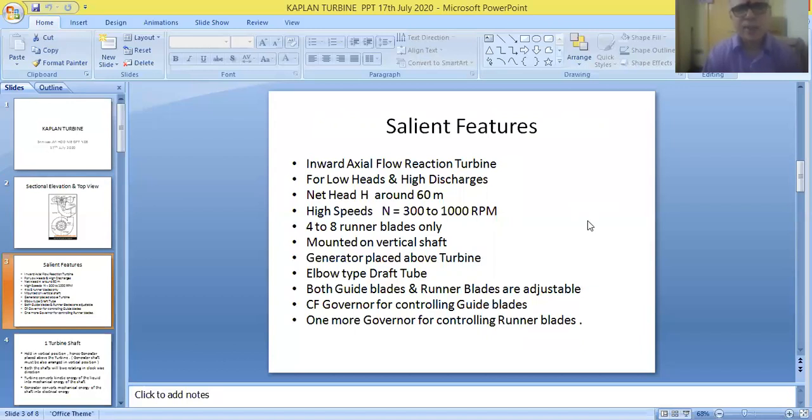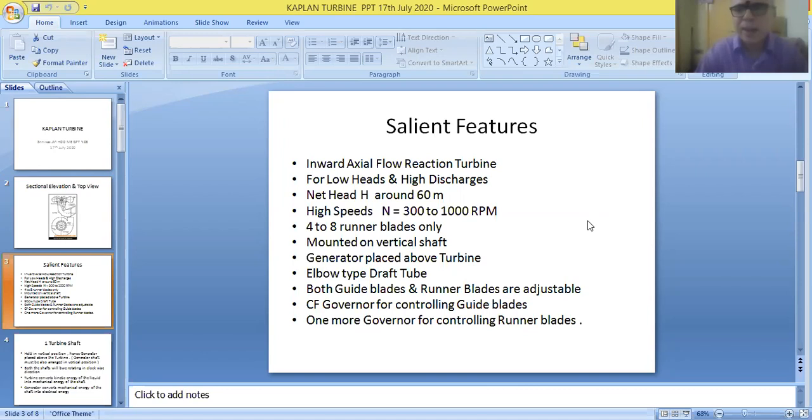So it's called an axial flow turbine, and the inlet pressure of the runner will be greater than the outlet pressure of the runner. This pressure difference is called reaction pressure, essential for operating the machine.